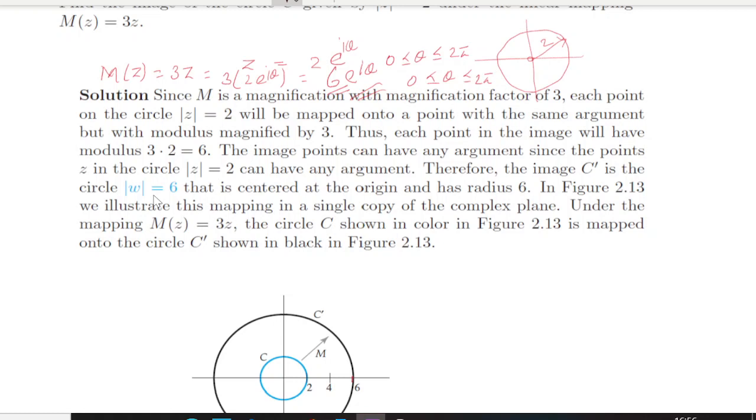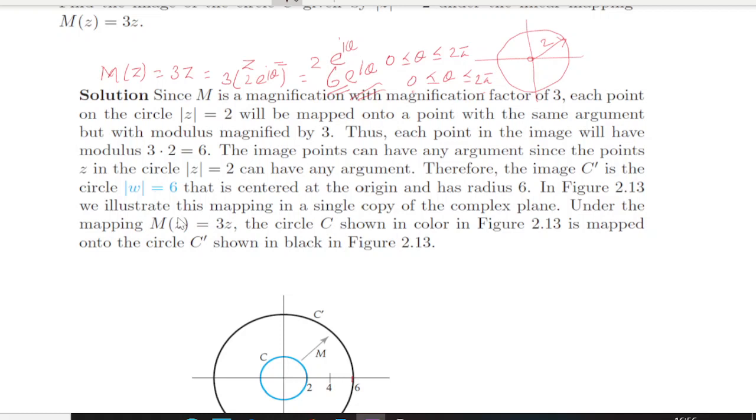The image points can have any argument since the point z in the circle mod z equal to 2 can have any argument. I have taken from 0 to 2 pi. That's why we are getting 6 e raised to i theta, where theta lies between 0 and 2 pi. And therefore, again it's a circle with center 0, 0 and of radius 6.